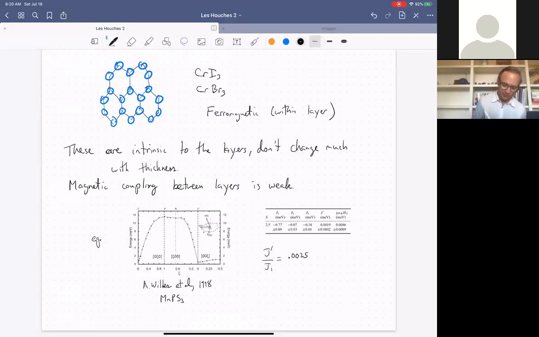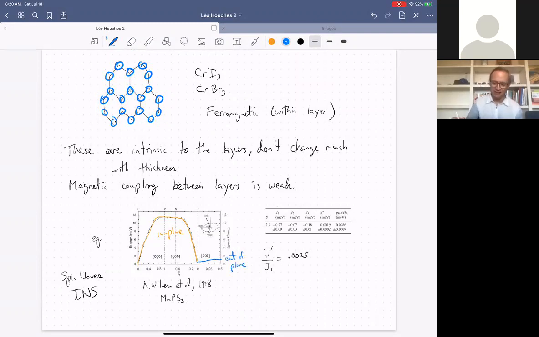So these are spin waves in the ordered state, measured by inelastic neutron scattering. You can see this region here is the in-plane dispersion, and this is scanning the dispersion relation along the z-axis. And you can see the energy of the magnon changes very, very little as we do that.